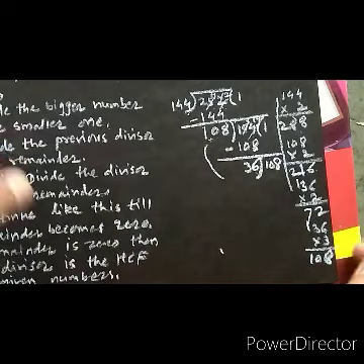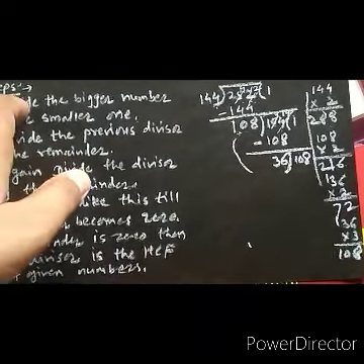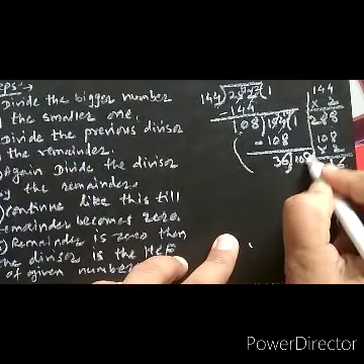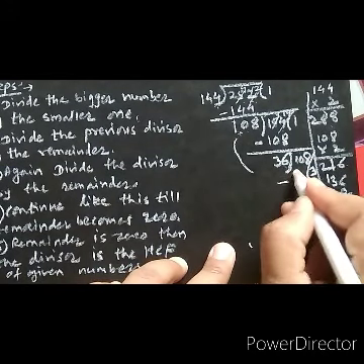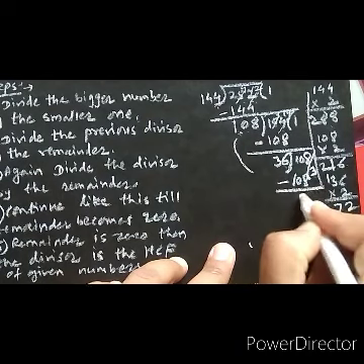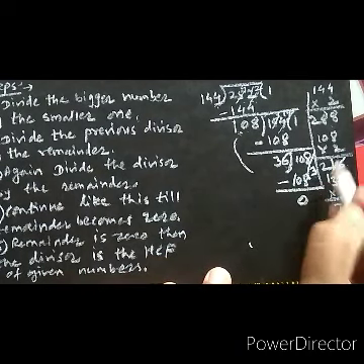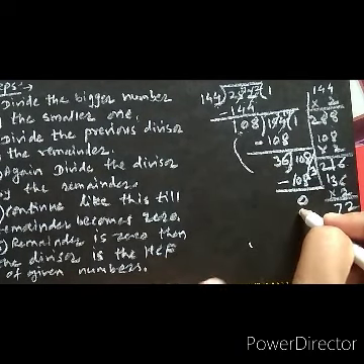So 36 3s are 108. 108 minus 108 is 0. Now the remainder is 0.